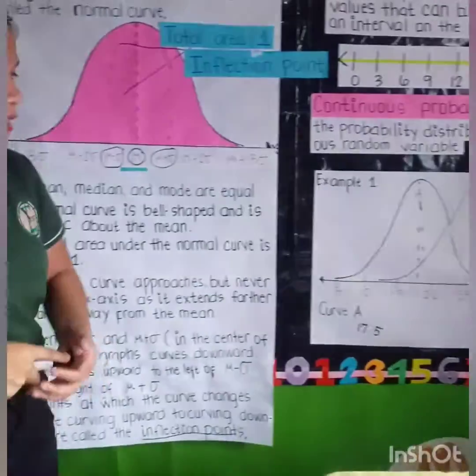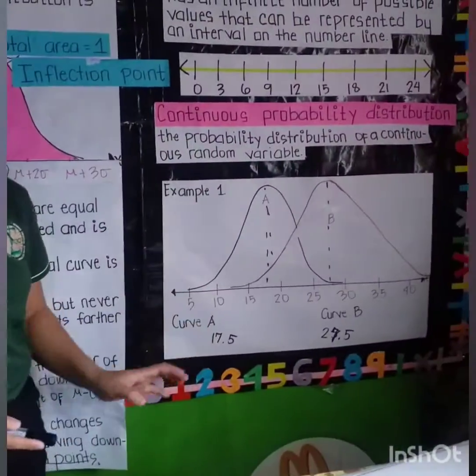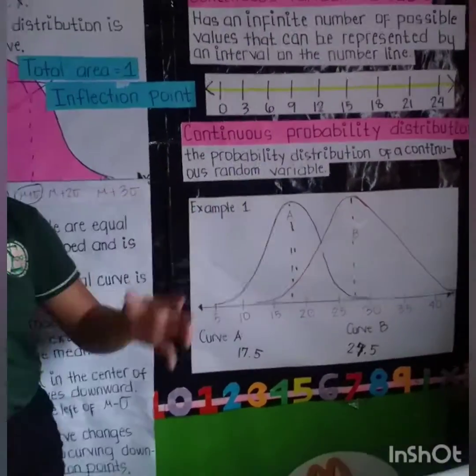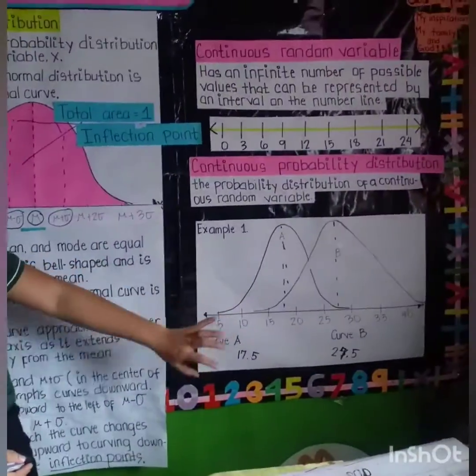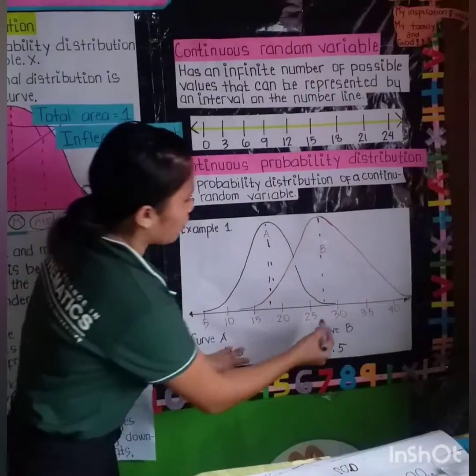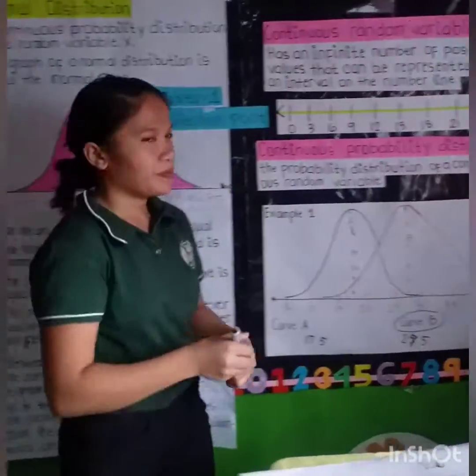In this illustration, we can determine which curve has a greater mean. Therefore, the curve that has a greater mean is curve B.